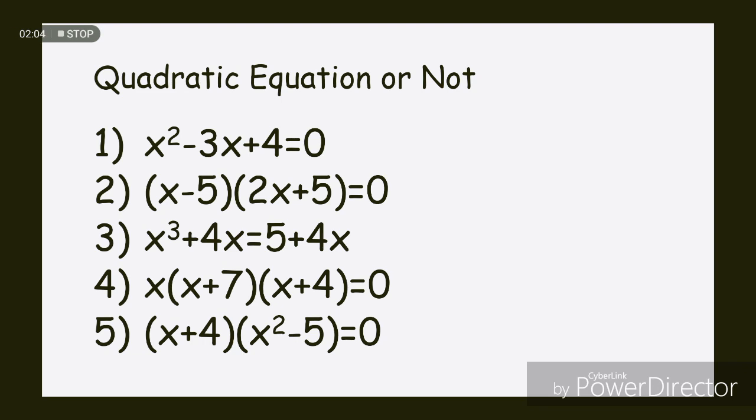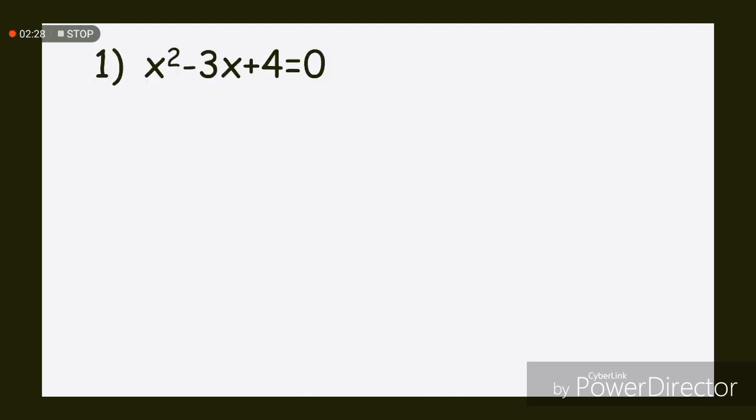Number 4, x times the quantity of x plus 7 times the quantity of x plus 4 is equal to 0. And the last, x plus 4 times the quantity of x squared minus 5 is equal to 0. So let us check it one by one.